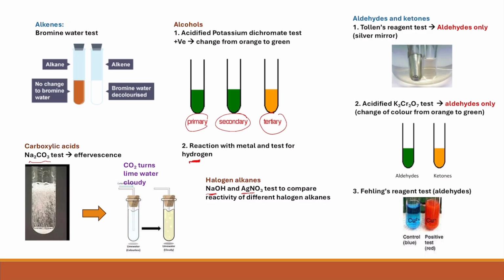For aldehydes and ketones, we have the Tollens' test for aldehydes only, which gives you the silver mirror. Acidified potassium dichromate is positive for aldehydes, negative for ketones. And the Fehling's reagent test, which is also for aldehydes, changes color from blue into a brick red precipitate.